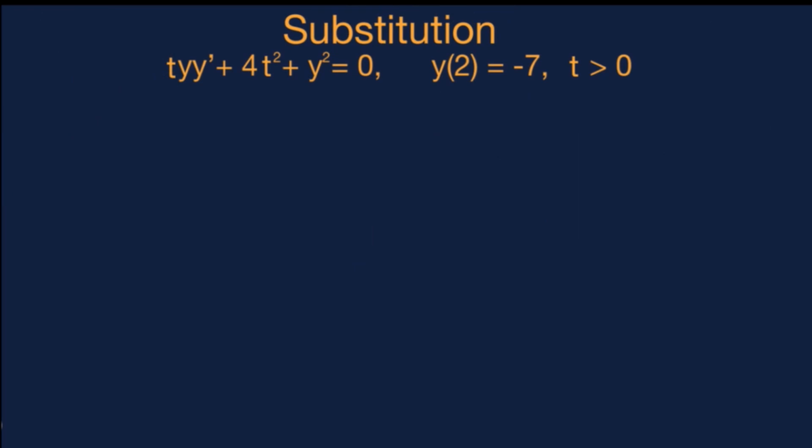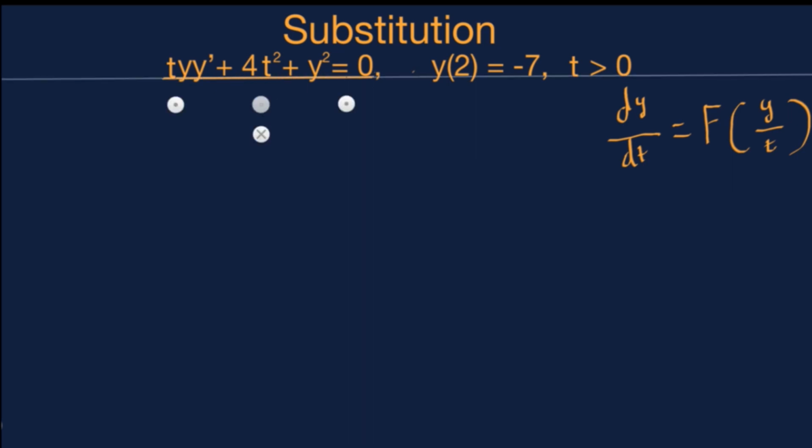So let's make things more concrete by solving this initial value problem. So before we can start the substitution process, we first must make sure that this equation is in the correct form. And to do that, we can start by dividing the entire equation by t squared.